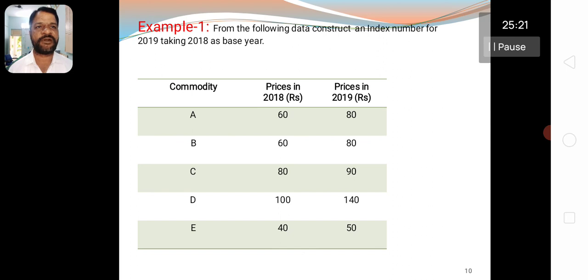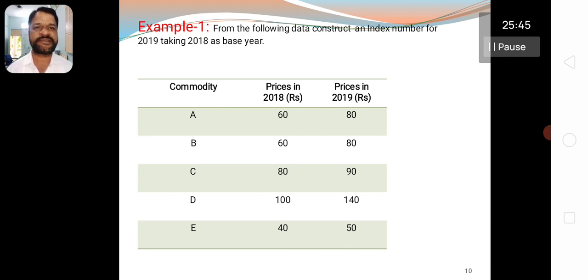Let me take an example. From the following data, construct an index number for 2019, taking 2018 as the base year. 2019 is the current year and 2018 is the base year.